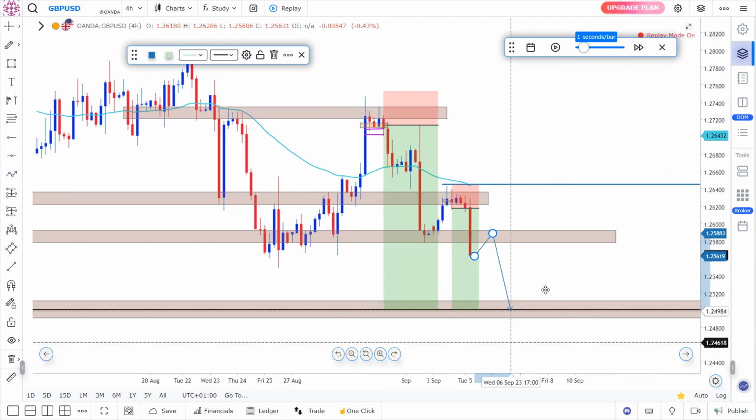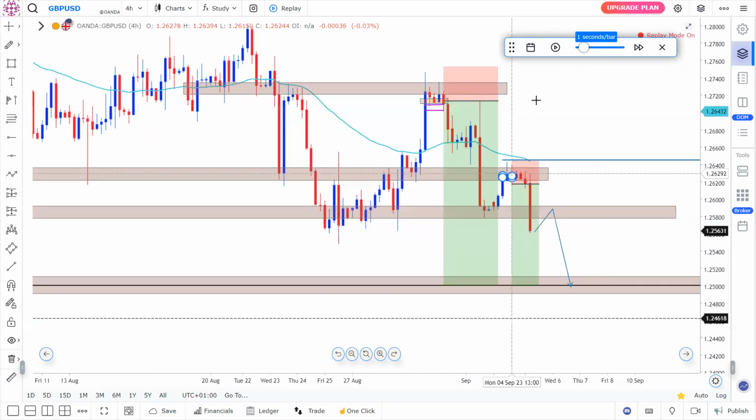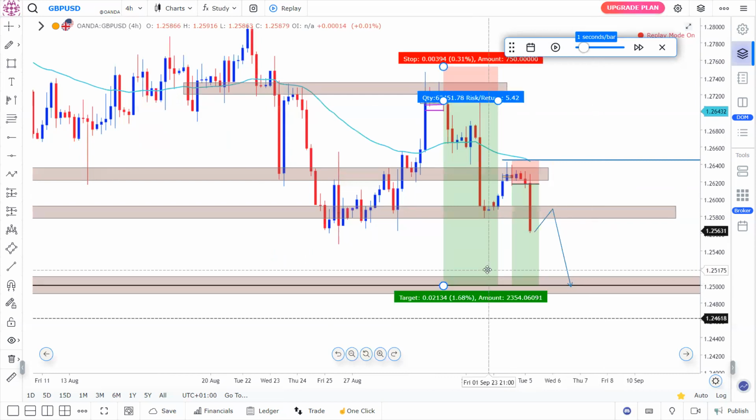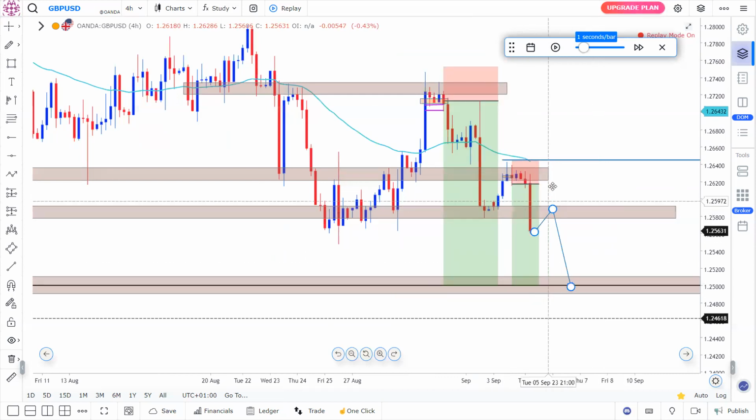All because I understood from the higher time frames, the weekly and the daily time frame, that price needed to get to this level. And I'm capitalizing off the higher time frame directional bias because I paid attention to the higher time frames, guys.